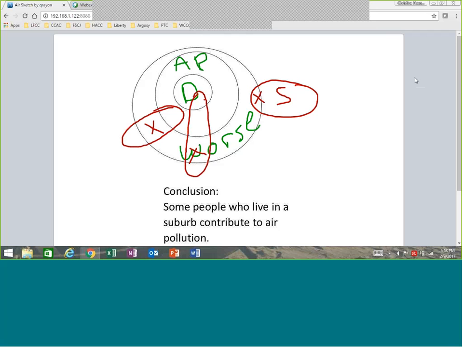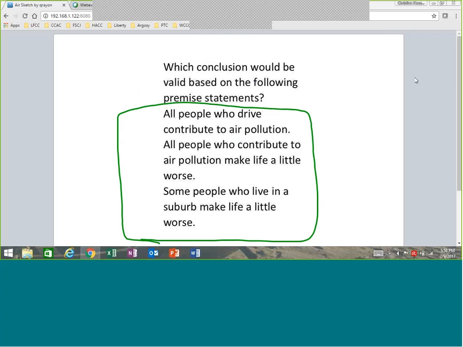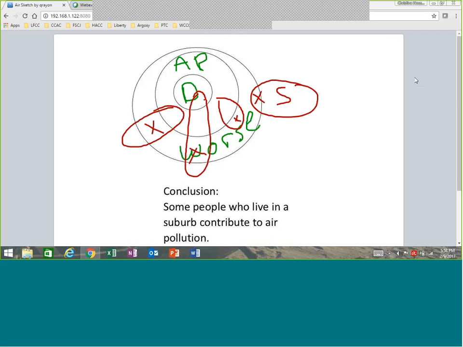Or it could look like this. Some people who live in a suburb make life a little worse. So we just need to have it overlapping the make life a little worse circle. So it could be like that, or we could have it like this.